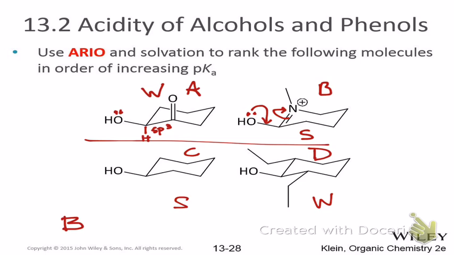Then A is stronger than C, right? So then it'll be A. Oh, I just want increasing pKa, so I'm going to go like this. And then C. And then D is the weakest, so it will have the highest pKa.